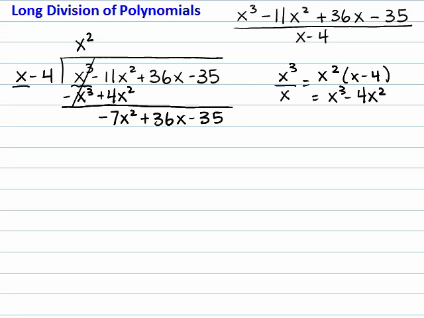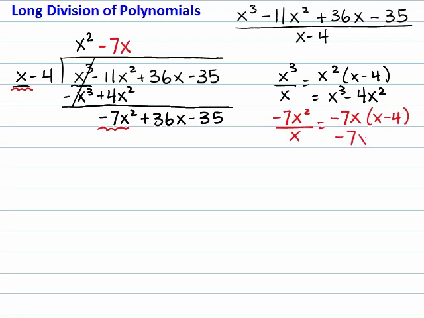I will repeat the process. I'm going to check how many times the leading term of the divisor fits into the leading term of the partial dividend. Negative 7x squared divided by x is negative 7x, and I will write that in the quotient area, and then I will multiply the negative 7x with x minus 4.